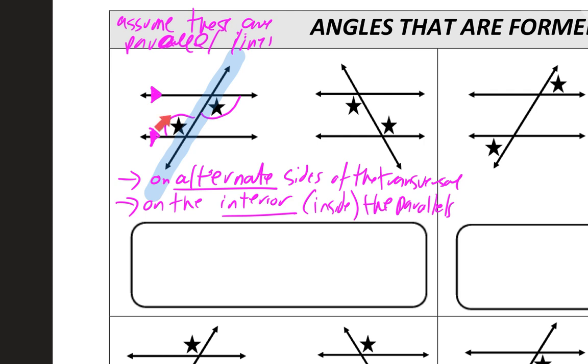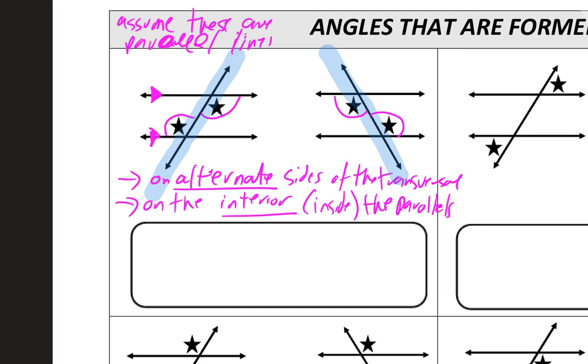Okay, so they're on alternate sides, and then they're on the interior. So imagine this one right here. If we said that this is our transversal, this angle right over here, this angle right over here, and this angle right over here, they're on alternate sides, and then they're on the interior of the parallels, right?